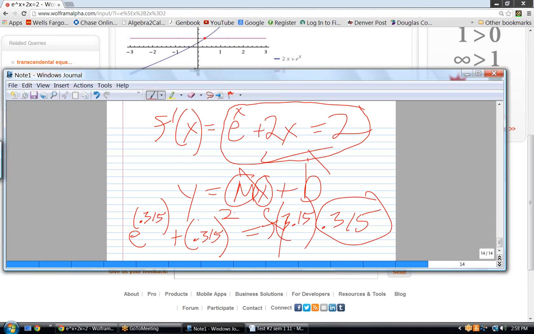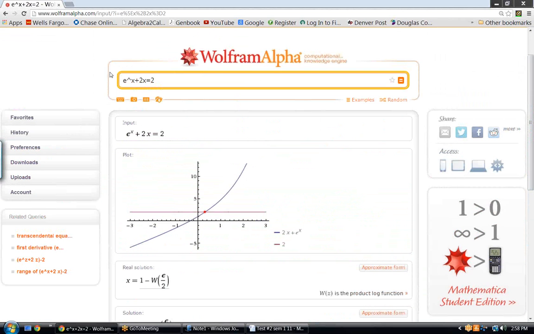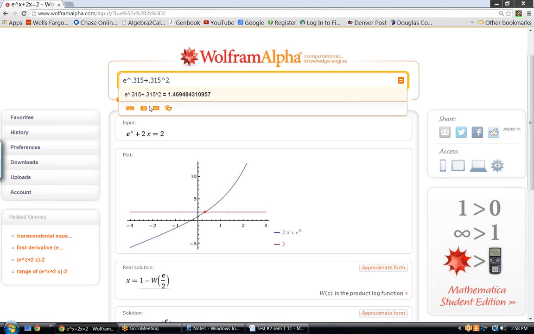That's my y. I know what x is. I know what the slope is. I'll be able to solve for b. So let's do it. e to the 0.315 plus 0.315 squared, and that is equal to my y: 1.469.